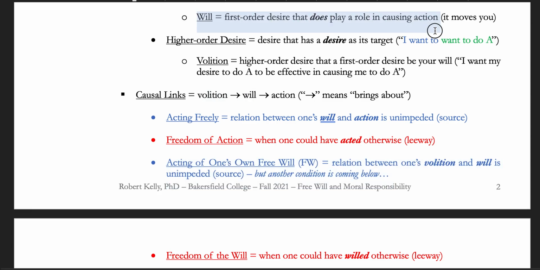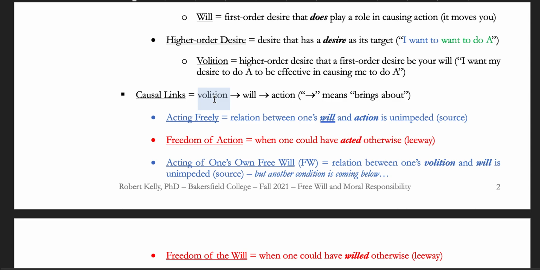Remember, your will are your first order desires that actually move you. So if you want your desire to quit smoking to be effective, I want my desire to quit smoking to actually be effective in causing me to quit smoking. That's a volition. So that higher order desire that you have for your desire to quit smoking to be effective, that's a volition.